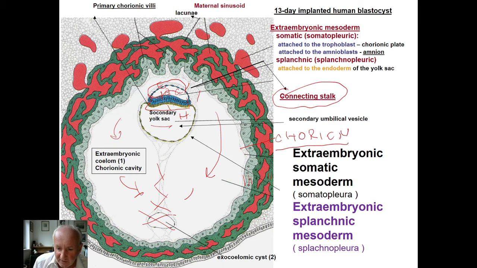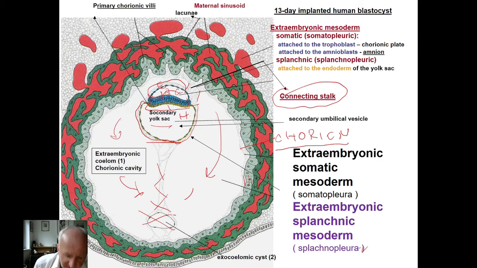Extraembryonic somatopleura, extraembryonic splanchnopleura. The primary extraembryonic mesoderm, which is attached to the wall of the yolk sac, is splanchnopleuric. Splanchnopleura.